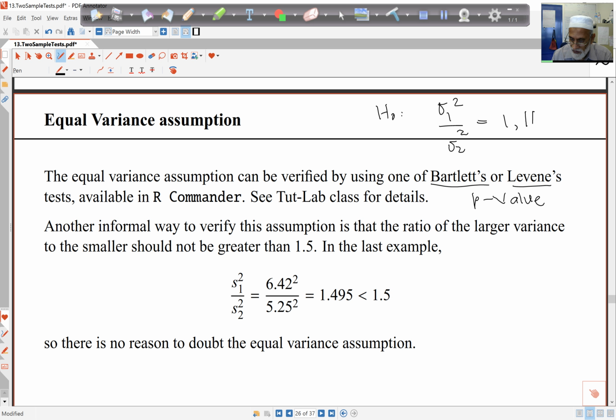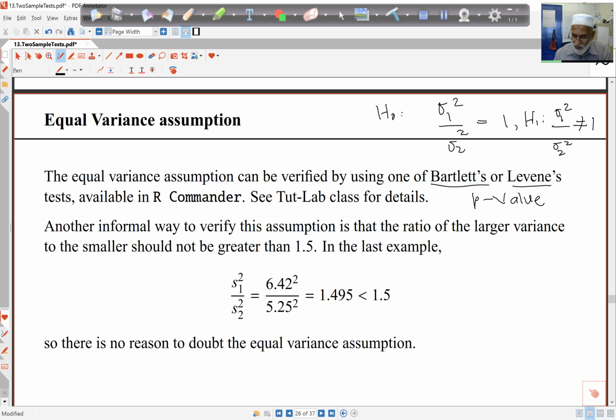H1 says that sigma1 squared over sigma2 squared is not equal to 1, so it's either bigger or less than 1. If I reject H0, the two variances aren't equal, and I reject or not based on the p-value from the test.